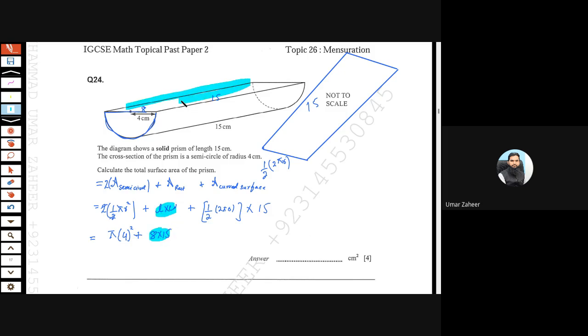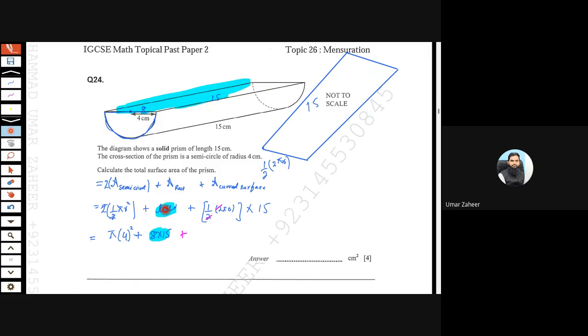This top rectangle. Sir, what is this 8 centimeter? The 8 is this length. Obviously, the radius is 4, the diameter will be 8, and the diameter of a circle is basically the width of the rectangle. Okay? So that's why I have to write 8 multiplied by 15.